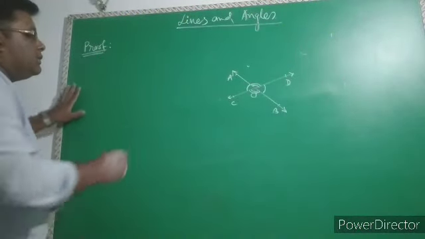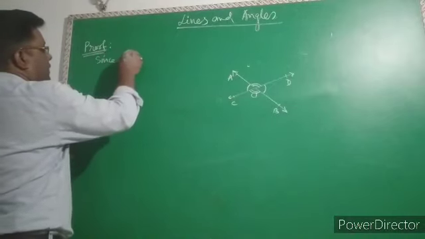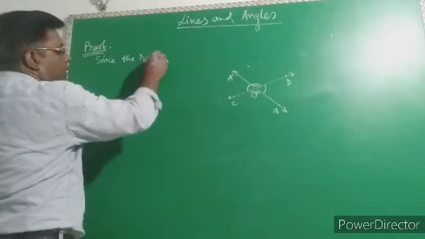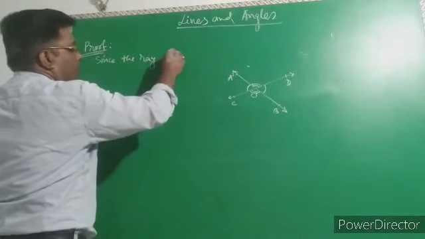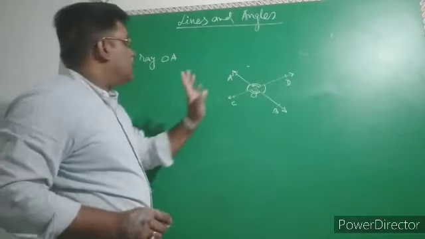In the proof section, OA is a ray, and O is the endpoint.